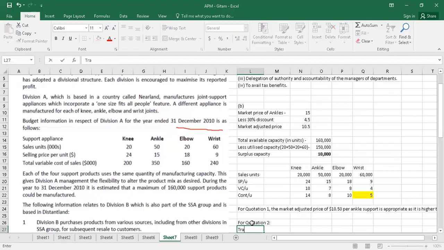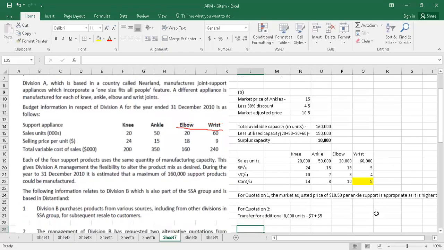transfer price? So the transfer price for additional 8,000 units. Right now, the marginal cost of ankles is $7. What would they be foregoing if they reduce the production of wrist? $5, that is the opportunity cost foregone. Let me put it clearly.